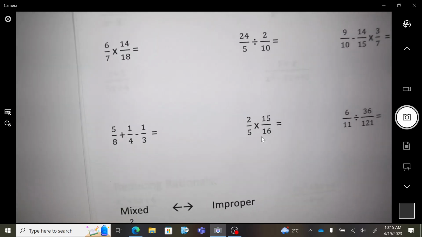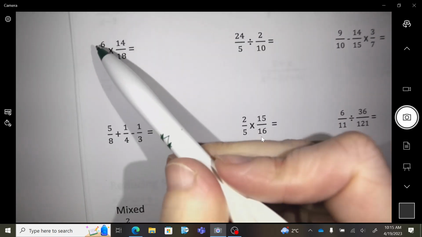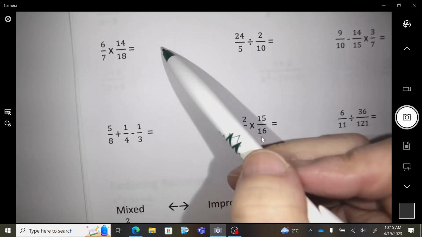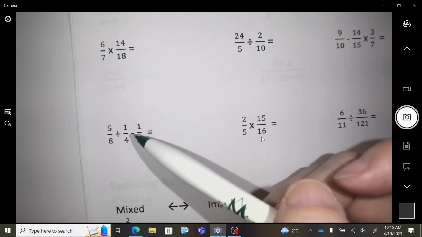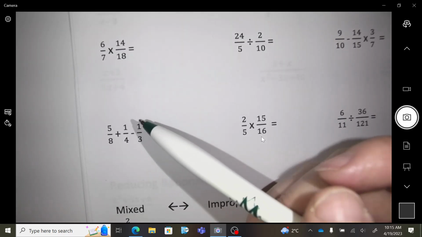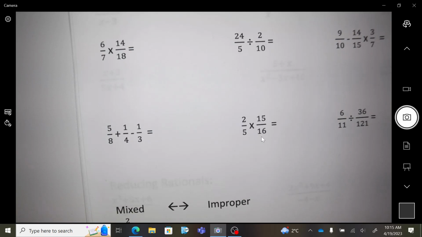Okay, timesing fractions. So timesing, I could just go 6 times 14 on the top, 7 times 18 on the bottom. But in this unit, you're going to need to reduce everything fully. So I'm going to try to reduce before I times. So what could I possibly divide the top and the bottom both by?